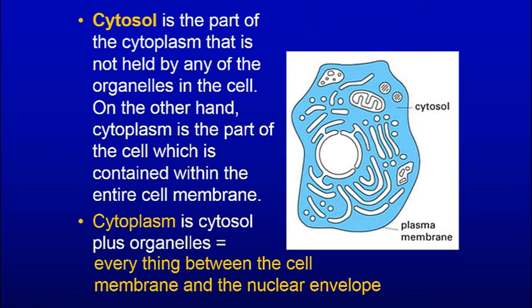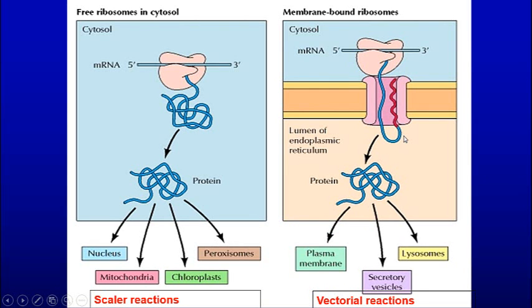Now, the cytosol itself is all the stuff between the nuclear envelope and the cell membrane that is not in organelles themselves. So it's all this stuff in between there. That's the cytosol. And among there, you would see the ribosomes making protein in the cytosol. So here, free ribosomes are translating the messenger RNA, producing proteins for mitochondria.